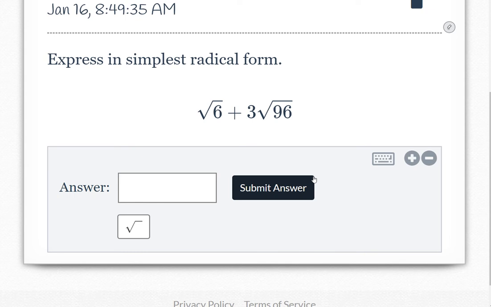You got 12 square root of 6. Oh no, 13 square root. That might work out. Let's see. The nice thing about these is you get feedback. So he thinks it's 13. Now you guys will have more than one shot at this if you get it wrong, but for me it only gives me one. But I trust Jason.